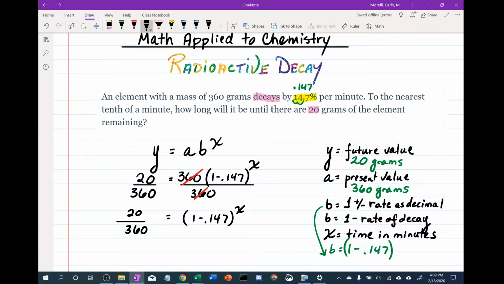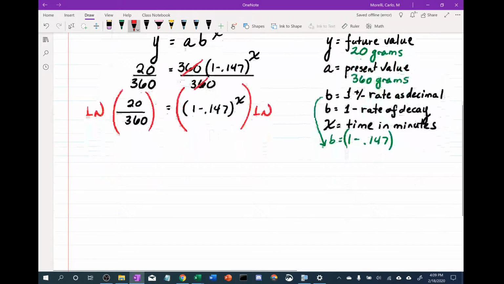Now we have to use the power rule of natural logarithms to actually bring this x down. That's what I want. To get the x out of the exponent section, I have to use the power rule of natural logarithms. So I'm going to put both sides of the equation in parentheses and then take the natural log of both sides.